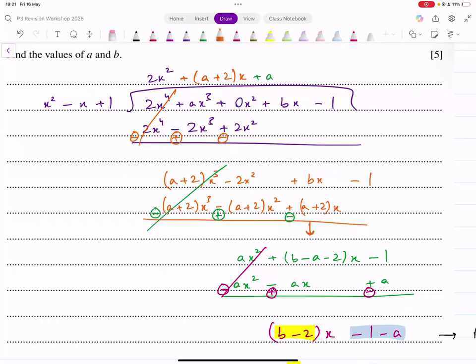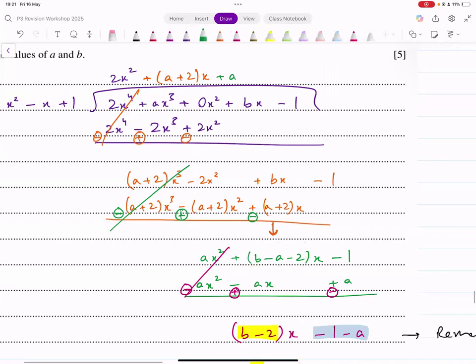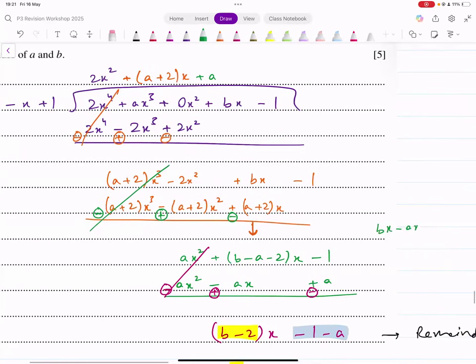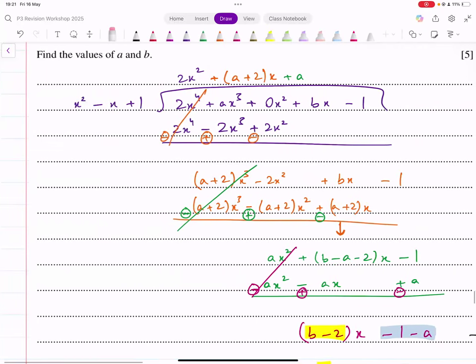When we write this in the next step, this is how we should write it. B minus a minus 2 whole times x. X should be common outside. This is very important. Do not write it separately. That will make you do errors. Write it in brackets like this. Take x common, write the whole coefficient together.